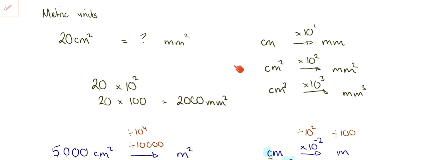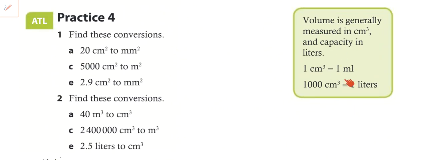One extra little thing that I put on there, which is in your textbook: volume is generally measured in cubic centimetres. However, capacity is measured in litres. What's the difference between capacity and volume again?